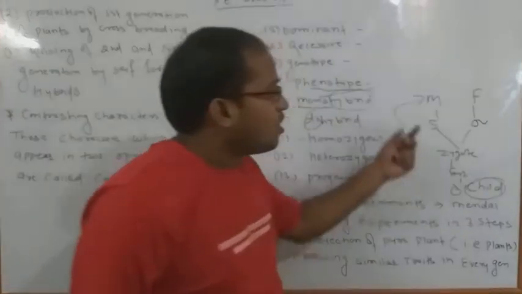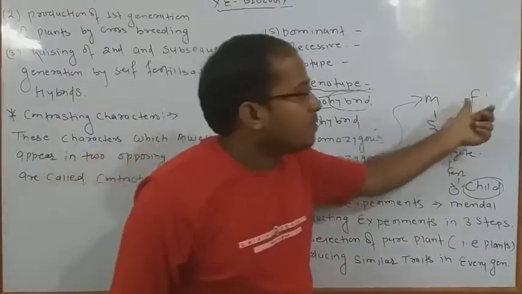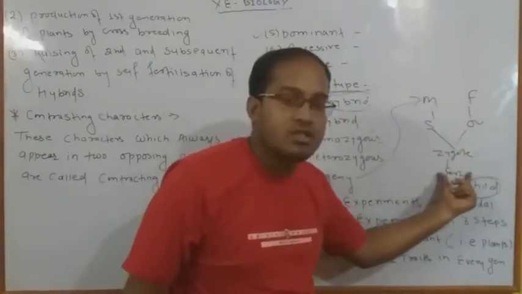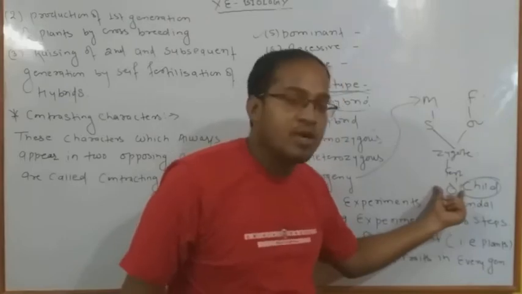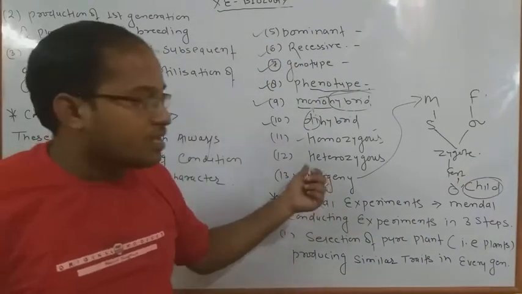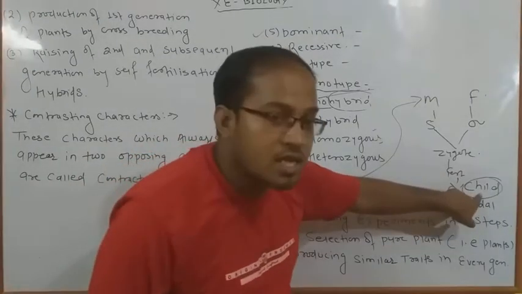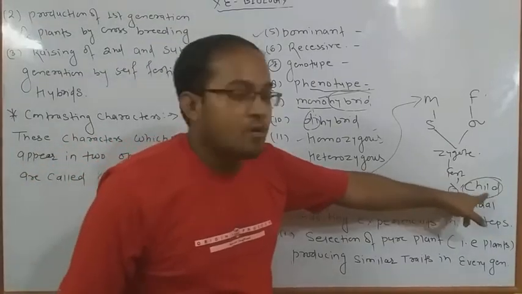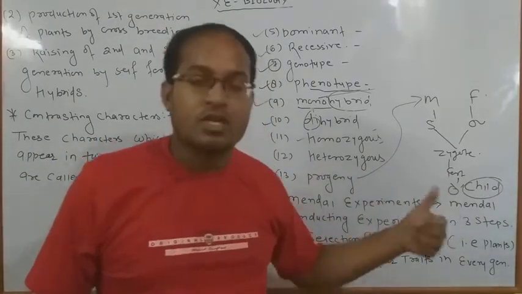Okay, so after the fusion of male and female gametes, sperm and ovum get combined and form a zygote. After that fertilization takes place, and when the child is produced, that is called progeny. Progeny is the daughter cells, the child, the developing offspring. हम progeny उसी को कहते हैं.